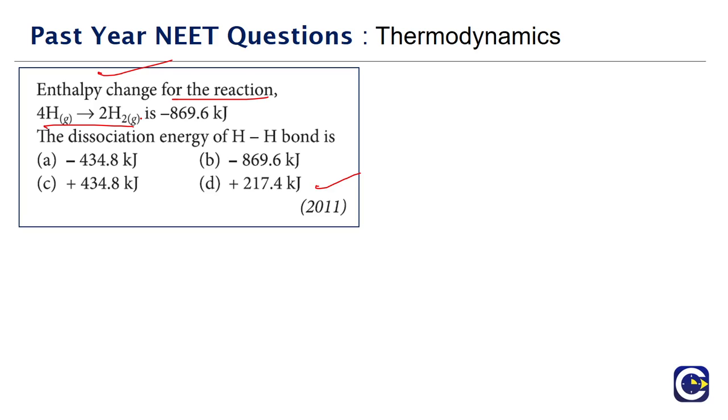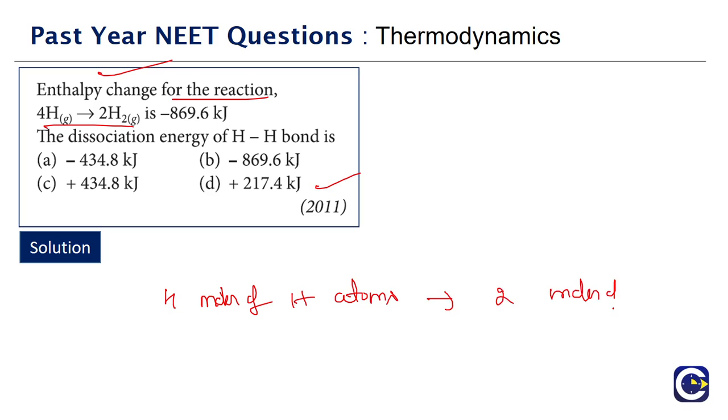This is not in terms of 4 atoms, it is more like 4 moles of hydrogen atoms combining to give 2 moles of hydrogen molecules. What is the enthalpy change for this? Minus 869.6 kilojoules.